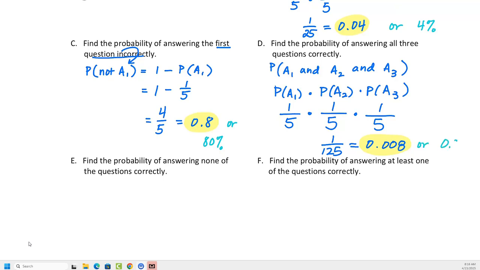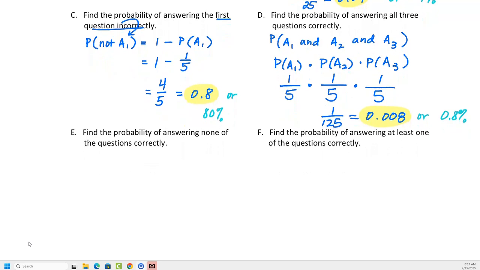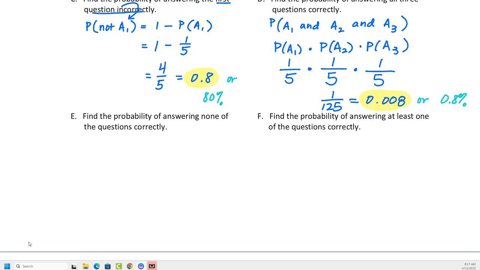Or that's a 0.8% chance that you can guess and get all 3 questions correct. That's if you haven't studied at all, have no clue what the answers are, then you have a 0.8% chance of guessing correctly on all 3 questions. Are we okay with that? Okay.